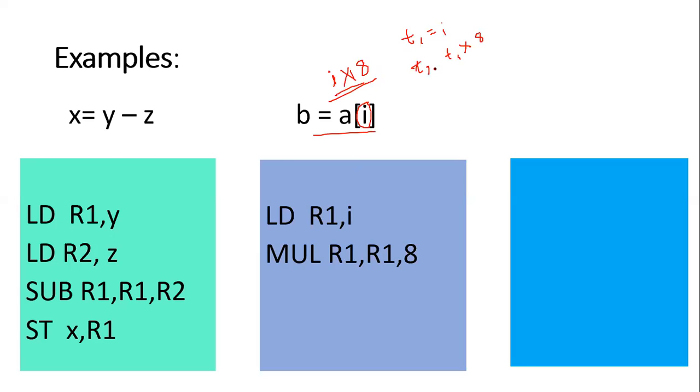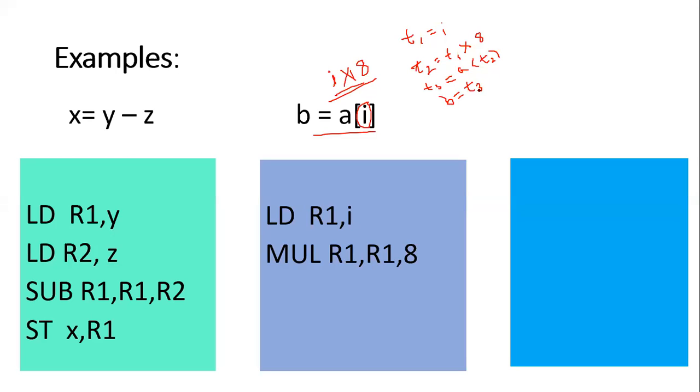And after that you are considering A of T2, which is stored in T3. And after that the value of T3 you are transferring to B. This is the intermediate representation.